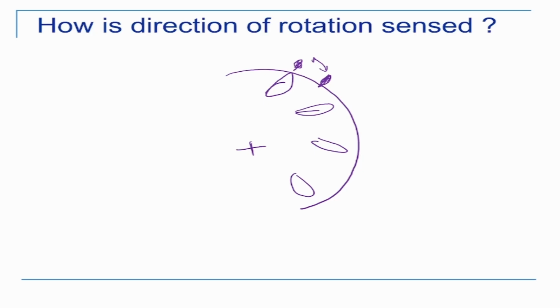Now the moment this one is there, it gives a signal 1, whereas this one is 0. Okay, so if it is going this side, what is going to happen? This is 1 and then it will be followed by 0. If it is going that side, it will be a 0 and then it will be a 1. Okay, so you can figure out which one is leading and which one is lagging. So by a lead or lag, we can find out whether it is clockwise or counterclockwise rotation.